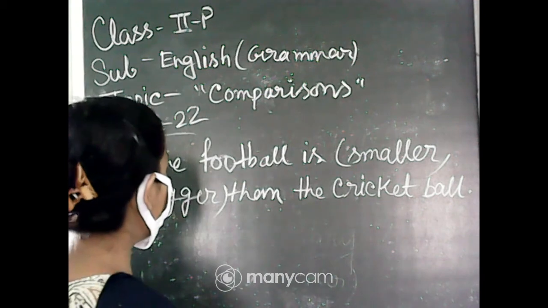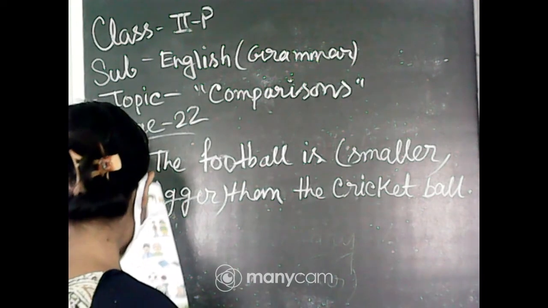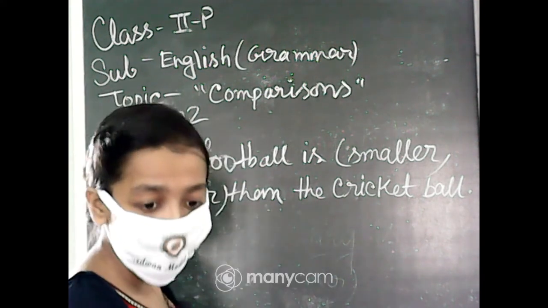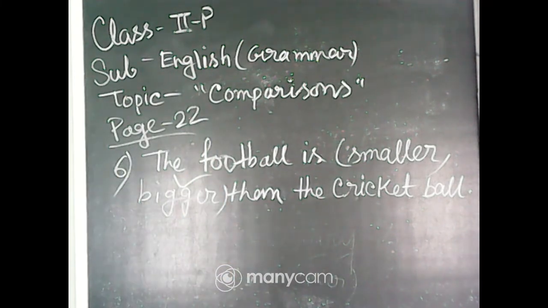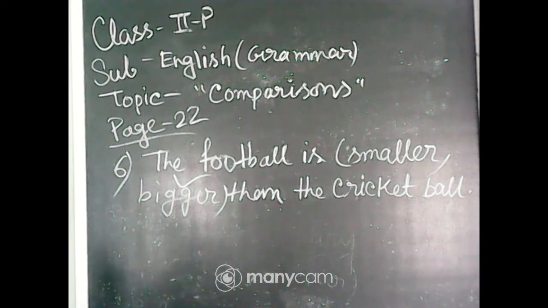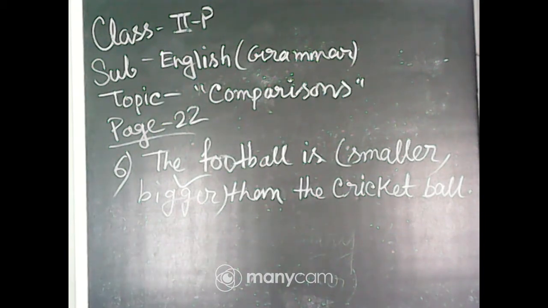So, the football is smaller or bigger than the cricket ball? Bigger, yes, bigger. So, the football is bigger than the cricket ball. Okay. So, the football is bigger than the cricket ball. Now, the next one.